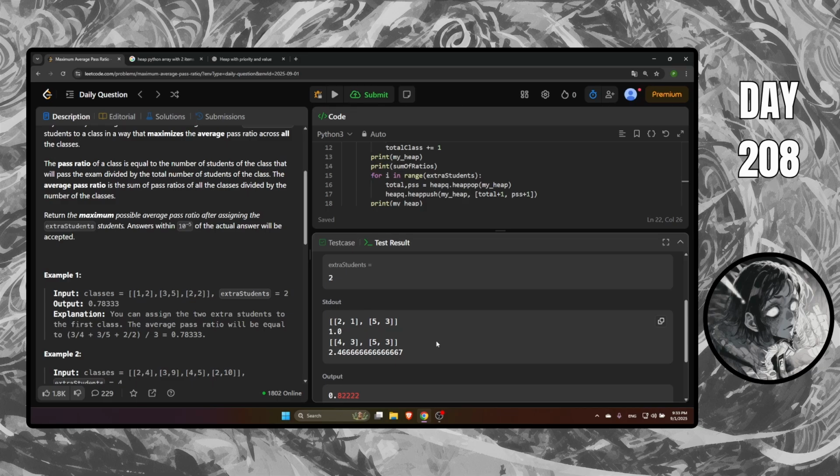Let's see. 3 divided by 4 plus 3 divided by 5 plus 1. Well, it should go 2.35.